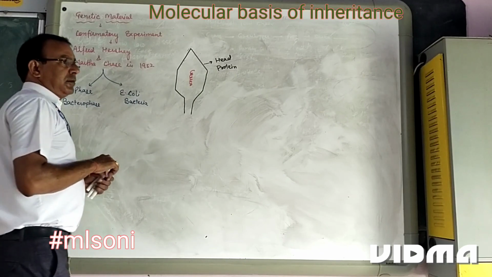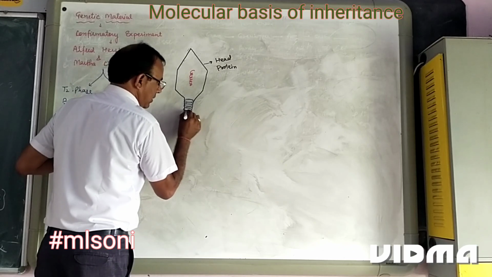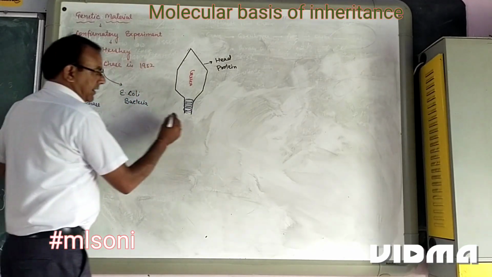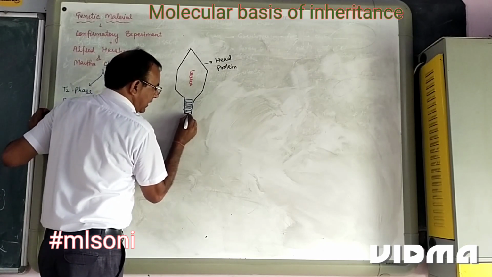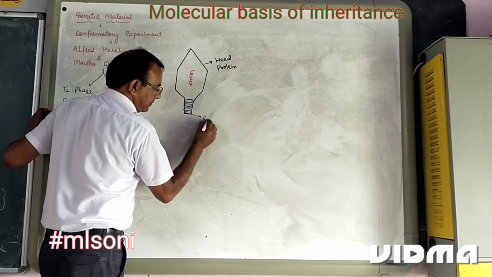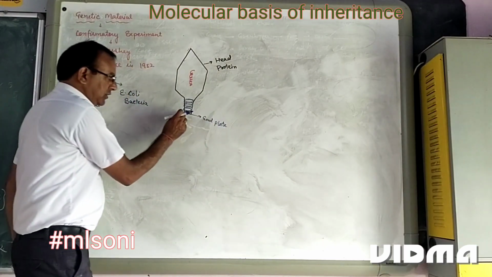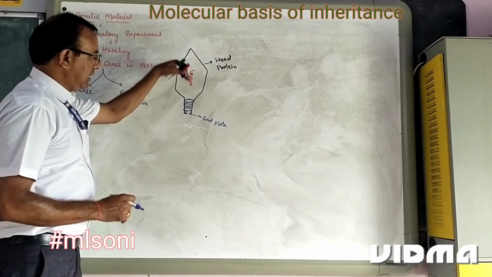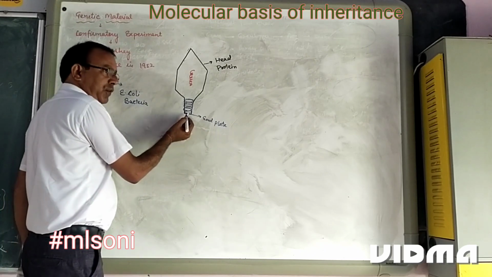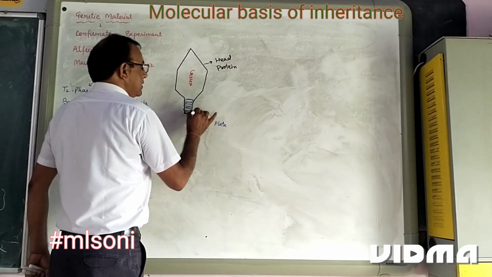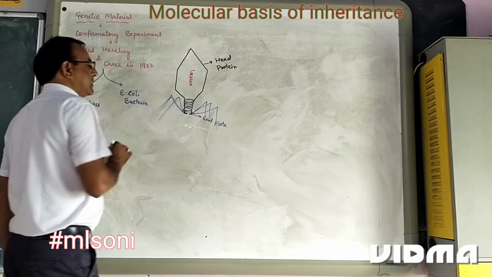The protein in the neck is present in spiral form. At the base of the neck, this dark line is called the end plate. There is a perforation at the end plate through which the substance is transferred to the other bacteria. At the end plate there are six leg-like structures.